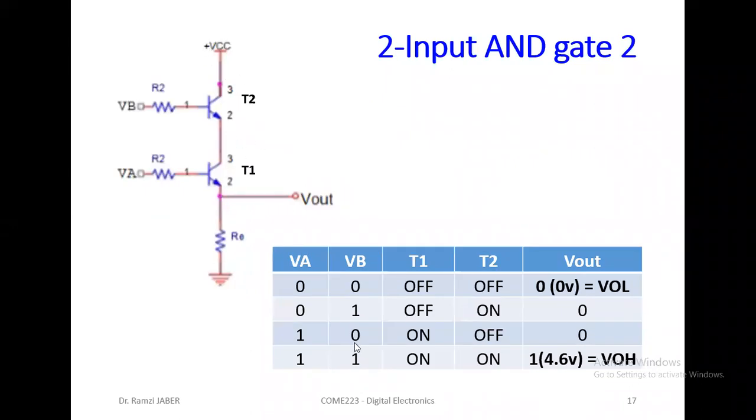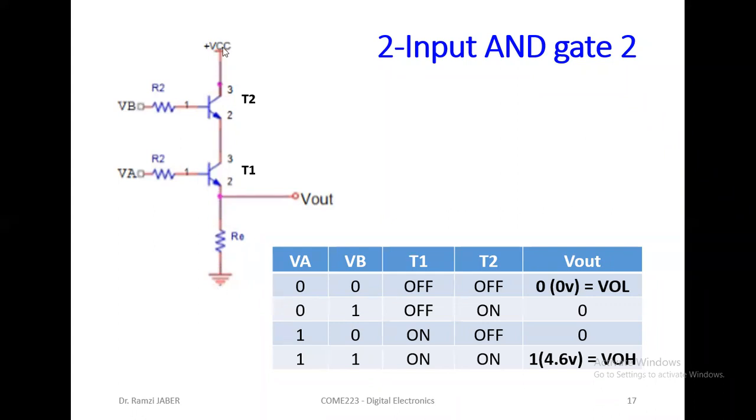So we will define 0 0. These two transistors are off. V out will be totally 0. One of them is 0. Also, these two transistors in series will not work unless both are on. So at 1, at high voltage, these two transistors are on, then this 5 volt will continue the path to the ground.